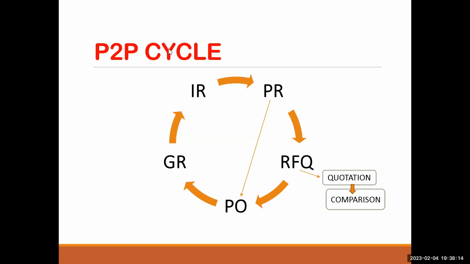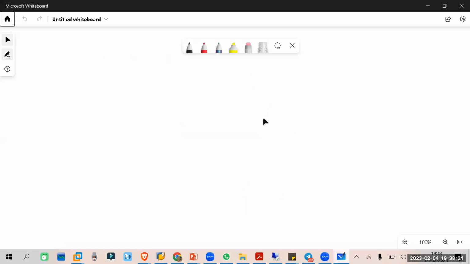Before going to the P2P cycle, let's understand the first concept, the PR concept. PR means purchase requisition. So let's see purchase requisition, or PR.